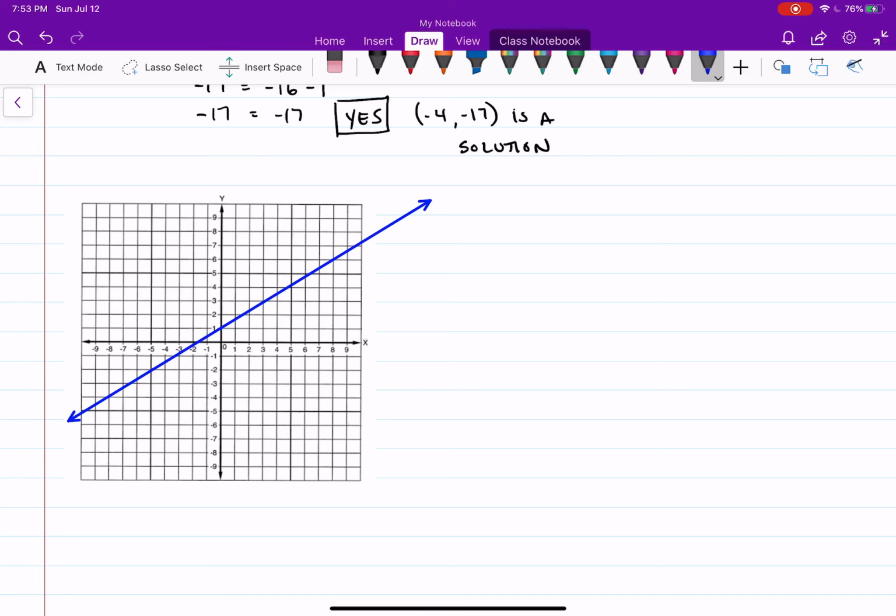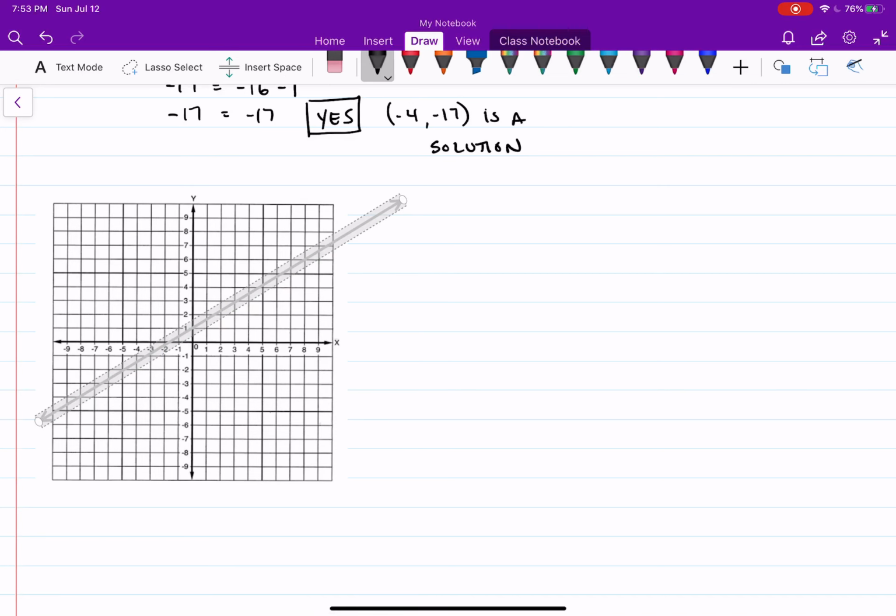So they can still ask you, is (2, 4) a solution of this graph?